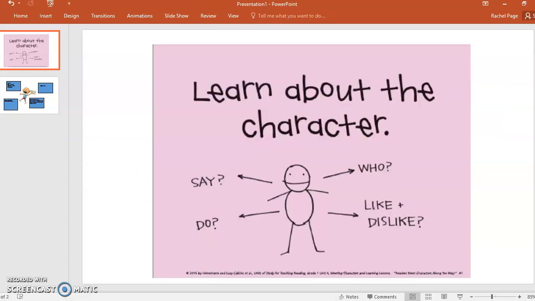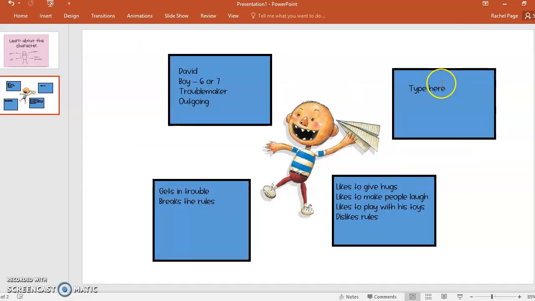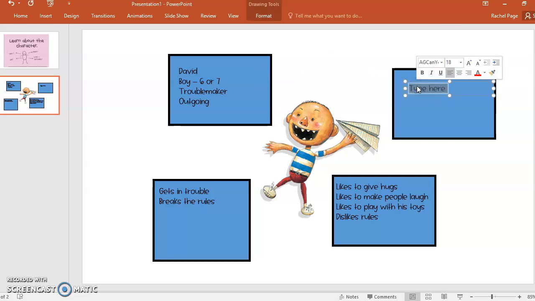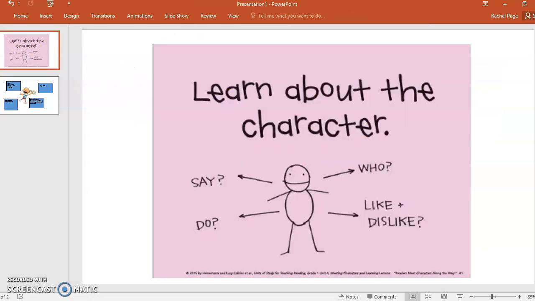And then I can also look up here and what does David do or say? David, he doesn't talk a whole lot in the books. If you notice, he doesn't really say a ton. The pictures really do a lot of the talking. So if I wanted to say, what does David say?